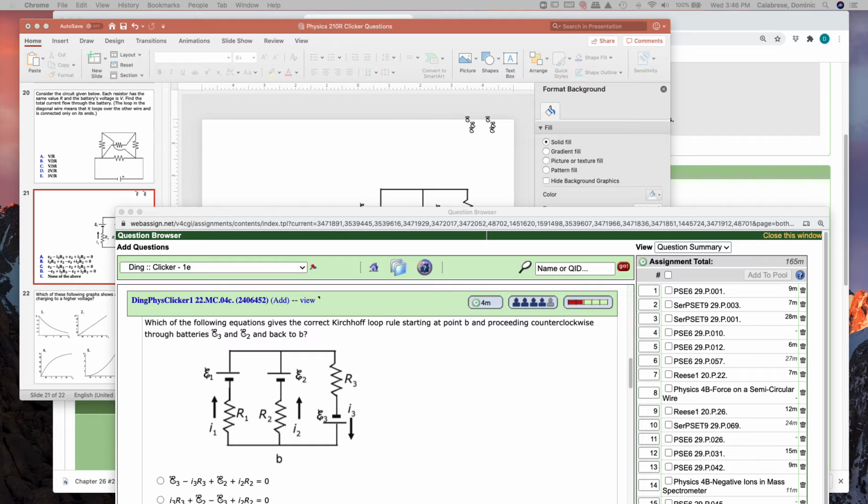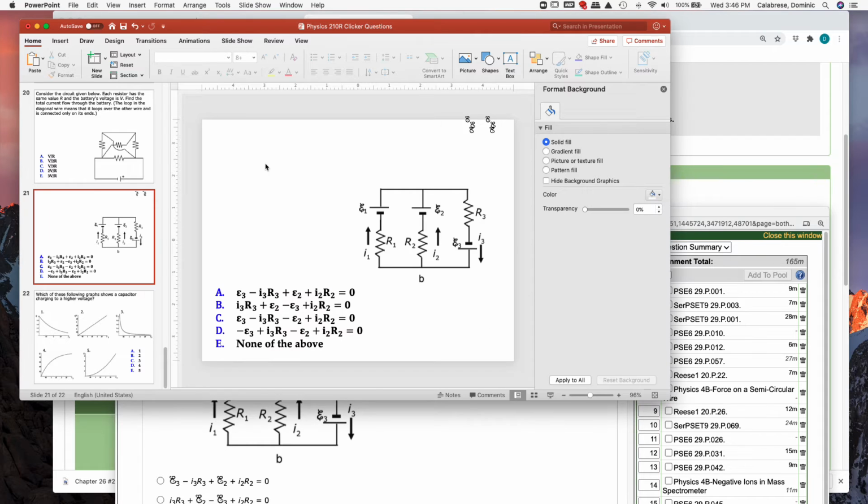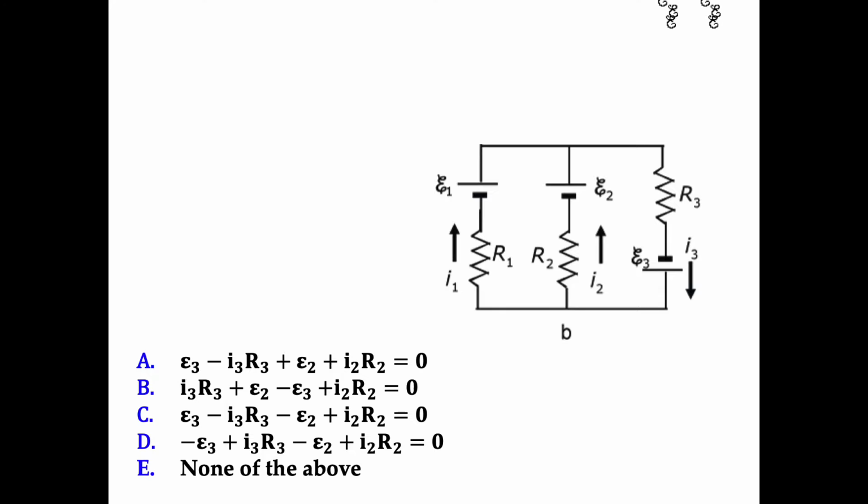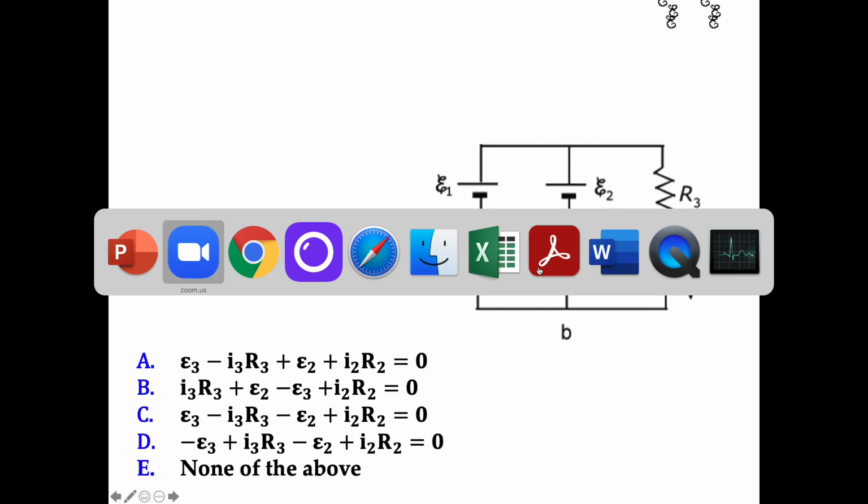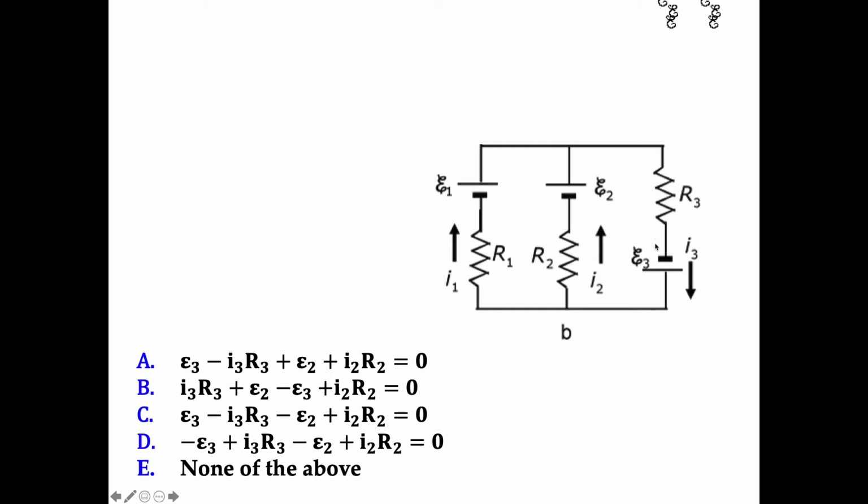Okay? So basically you want to look at the loop on the right. You want to go counterclockwise. And which one of those equations would be the correct one if you apply Kirchhoff's loop rule? So let me relaunch the poll.